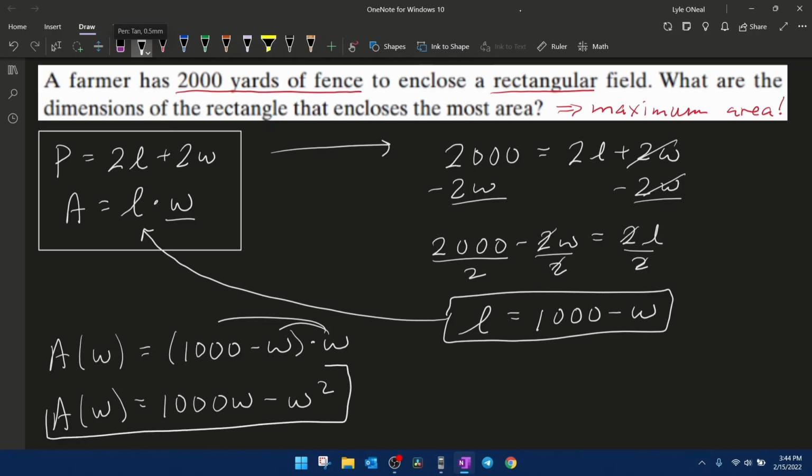Again, that is my area formula, but as a function of the width.